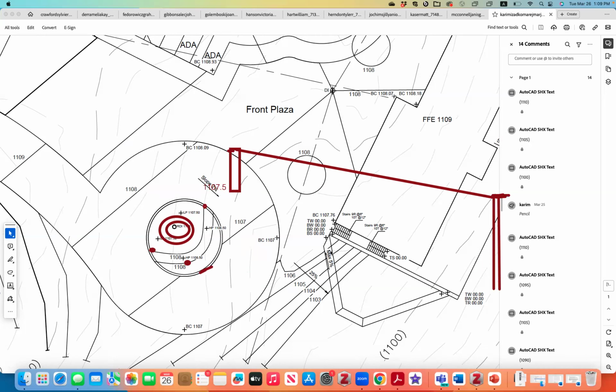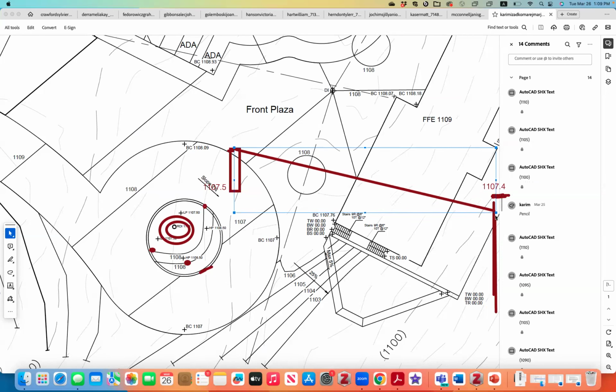And then the top of this curb is at 1107 point, let's see, 94, 1107.4. Yeah, that's about right. So the curb is a little bit lower than the curb cut there. Yeah, so then you're right, and you have to have a berm in between. That's correct.